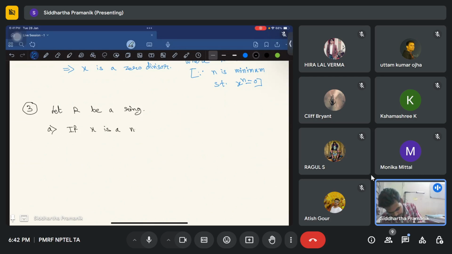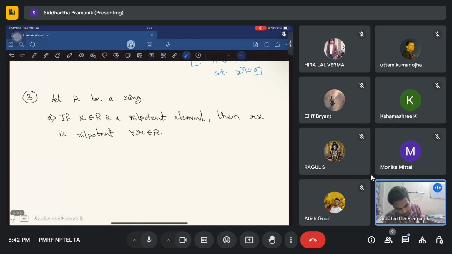Let x belong to R be a nilpotent element, then rx is nilpotent for every r in R. So if you multiply a nilpotent element with any element, that will give you another nilpotent element. So this is the first statement.